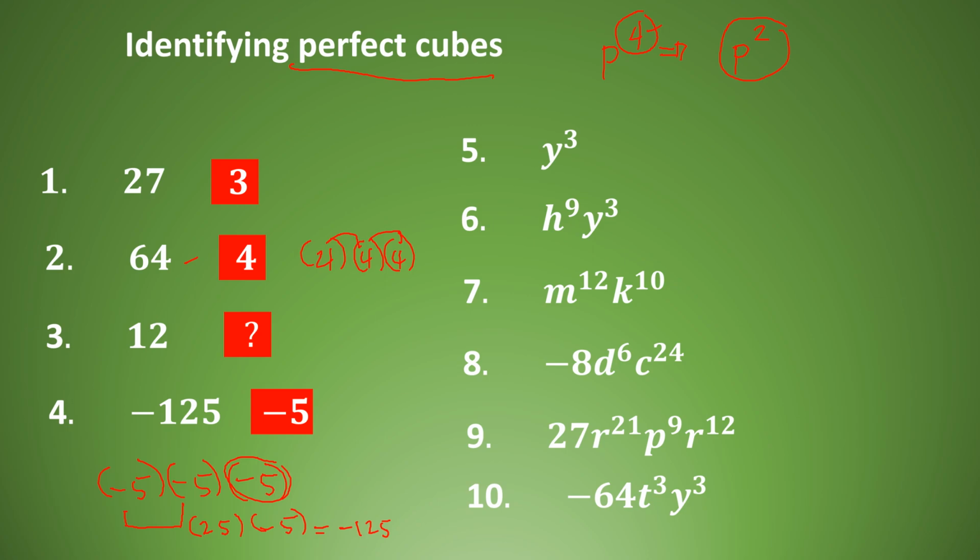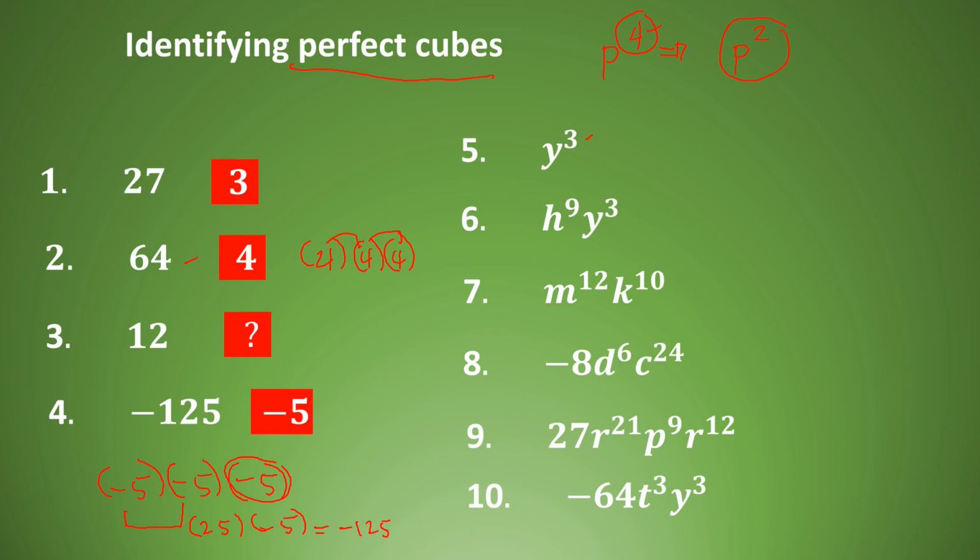So now at this time we will be identifying if a certain algebraic expression is a perfect cube. So it's no longer that we need to divide the exponent by 2, but this time it's already a 3. So for y cube, the 3 there is exactly divisible by 3.